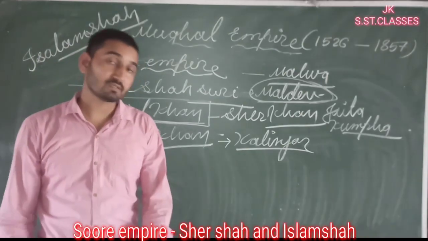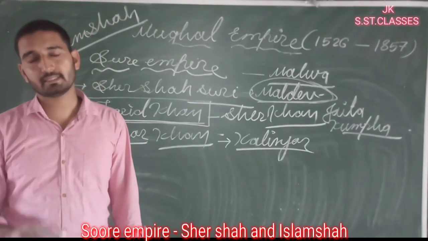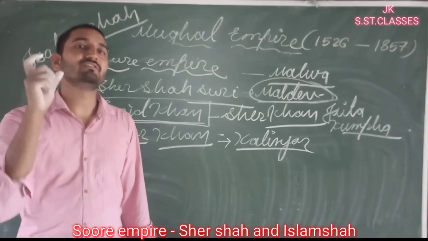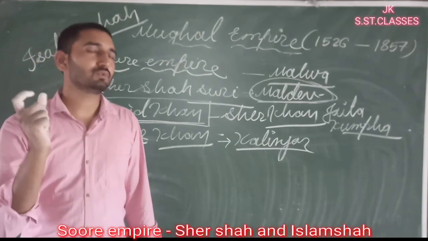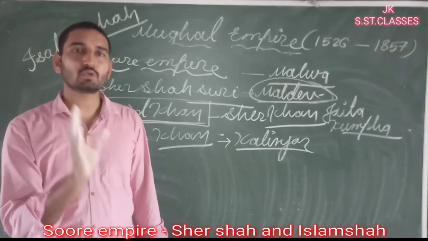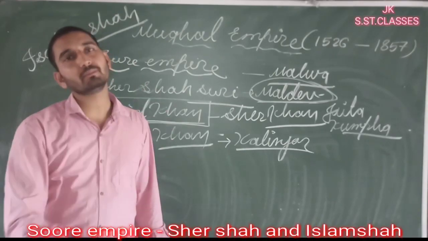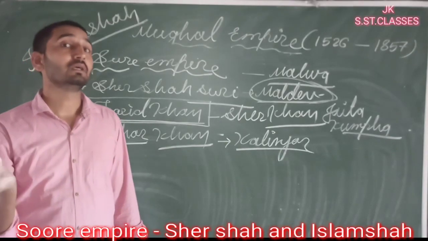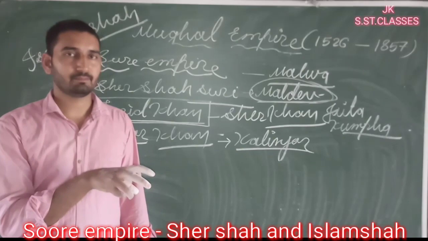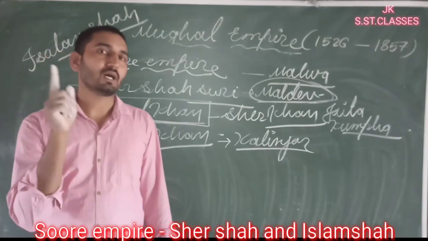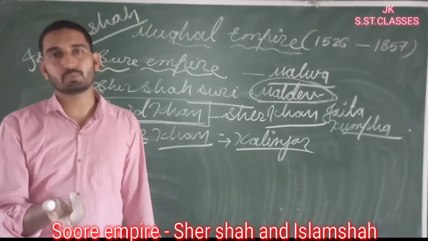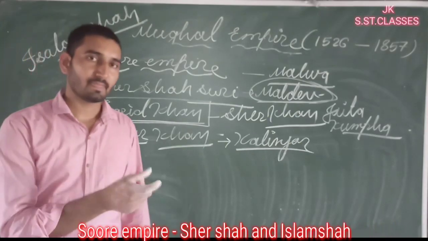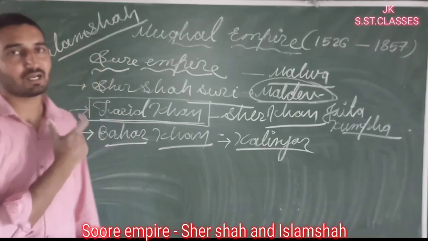Maybe most of the students don't know about that. Maldev was the first Rajput ruler who married his daughter with a Muslim ruler. Okay, it was not Bharmal, who married his daughter Harkabai with Akbar. So Bharmal was not the first Rajput. Actually, Maldev was the first Rajput who married his daughter with the son of Sher Shah, Alamshah.